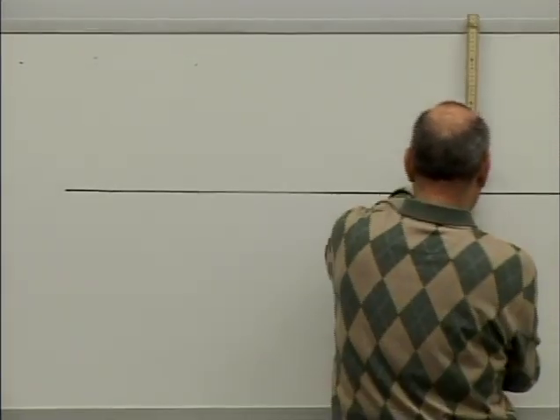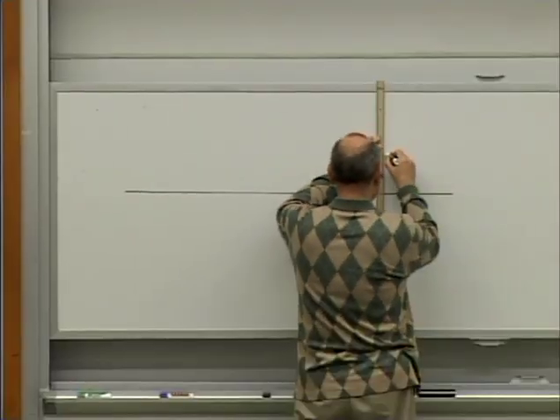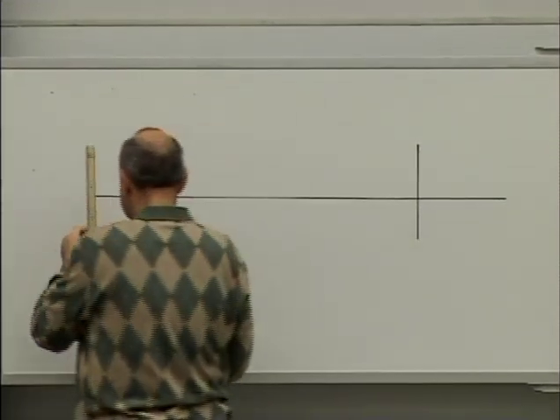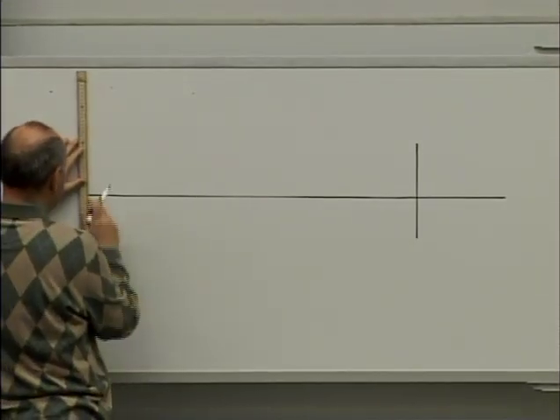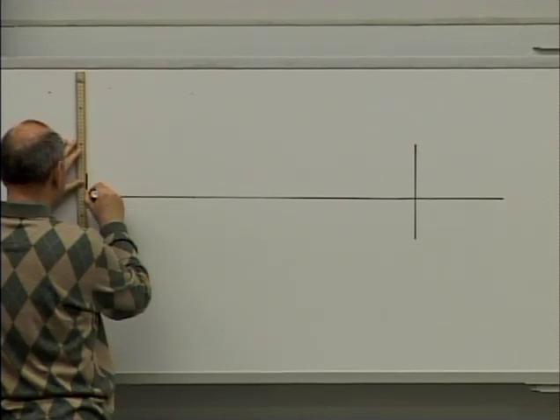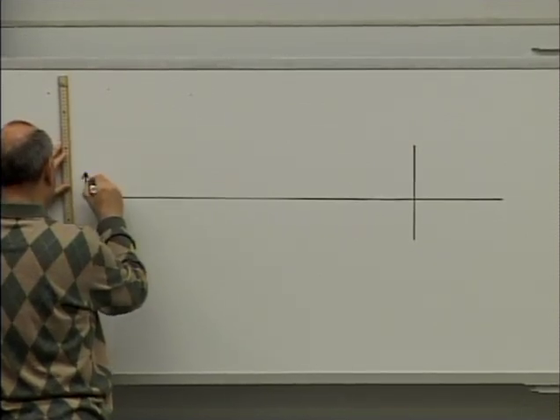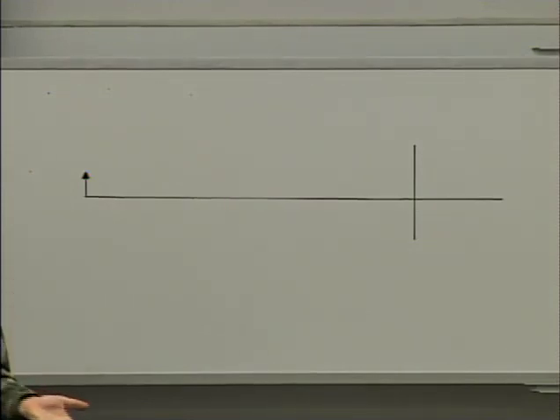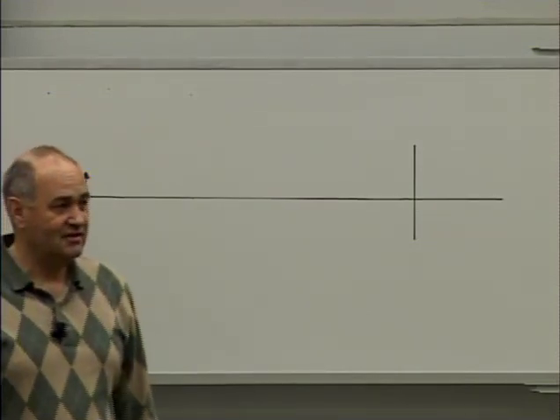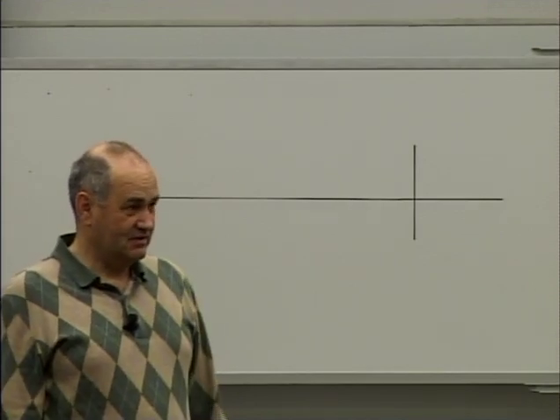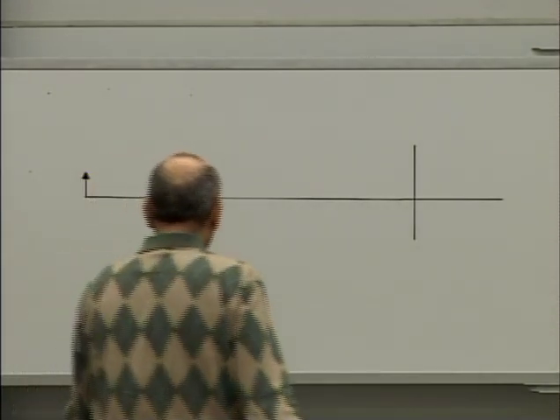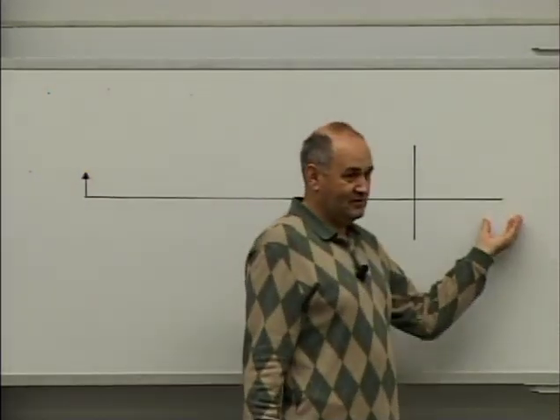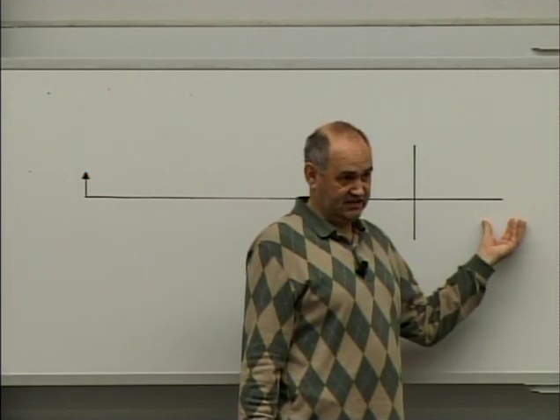So let's say that we have the objective at this location, and we are looking at a distant object somewhere over here. So what does the objective do? It produces an image for the eyepiece. So we need an image of the object somewhere here where the eyepiece is.